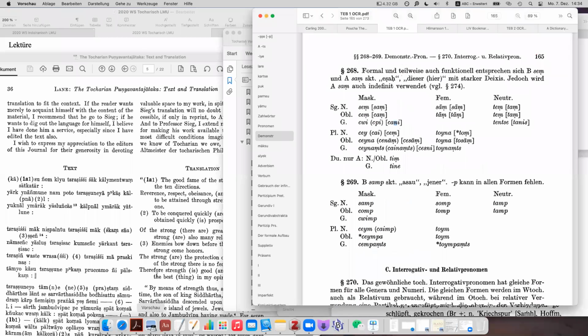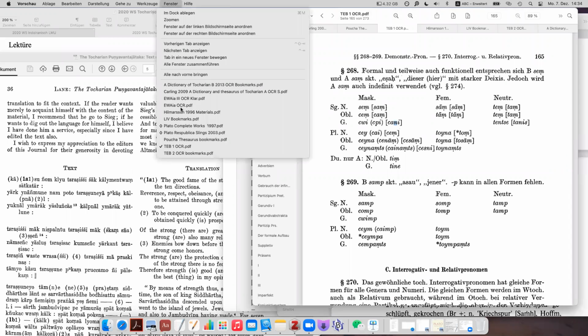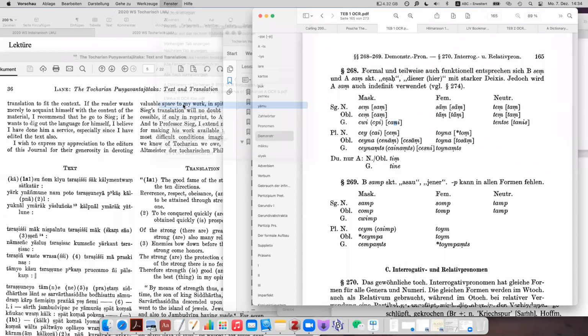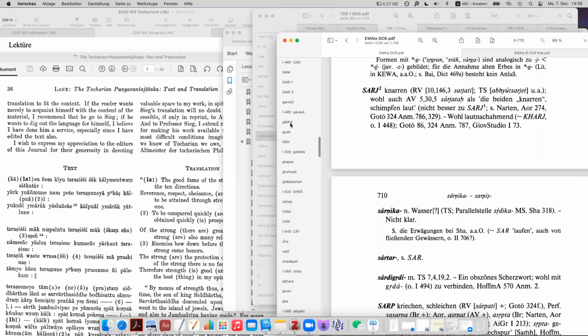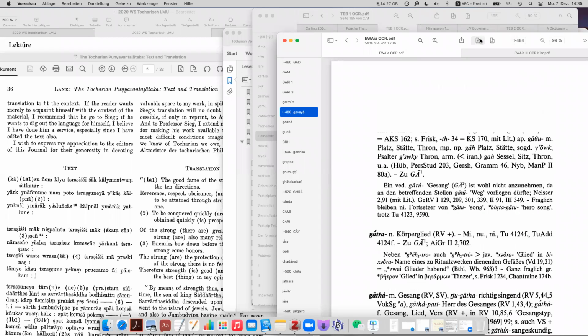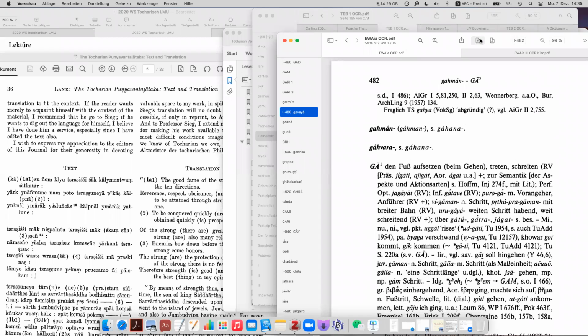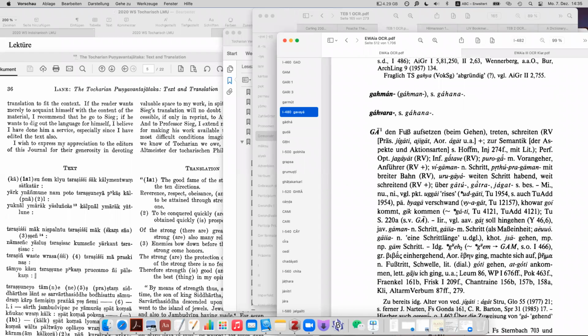So if you check the dictionary by Mayrhofer, you will see that ga actually means den Fuß aufsetzen, beginnen, treten, schreiten.